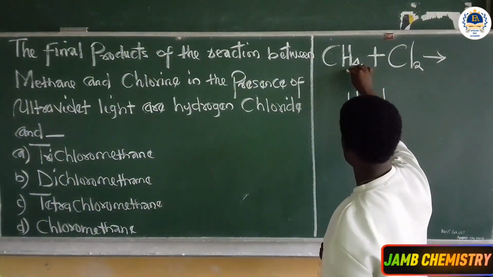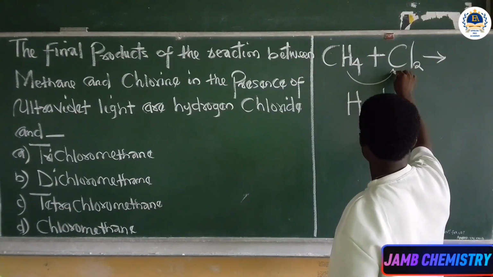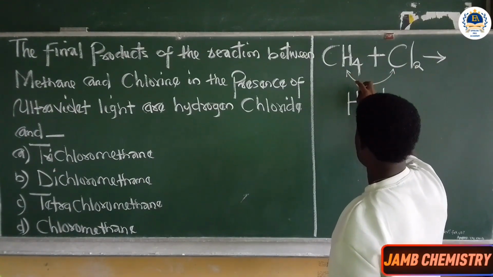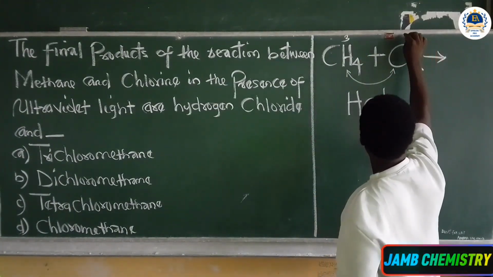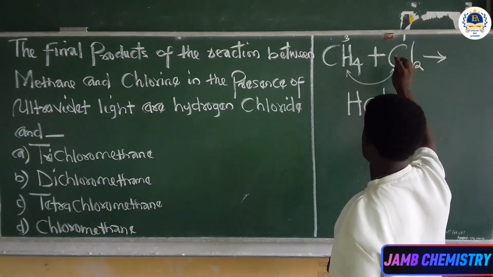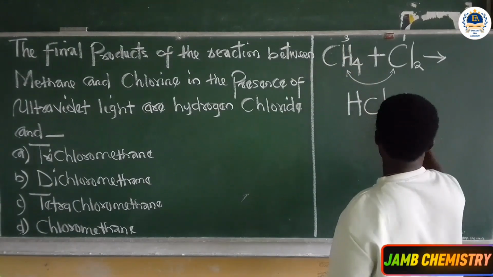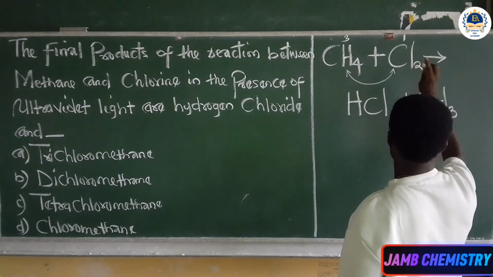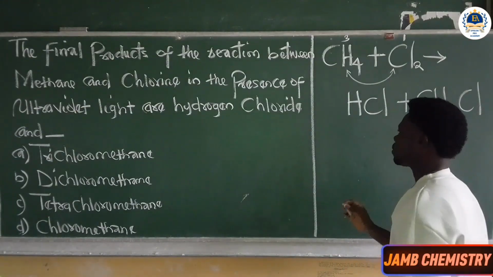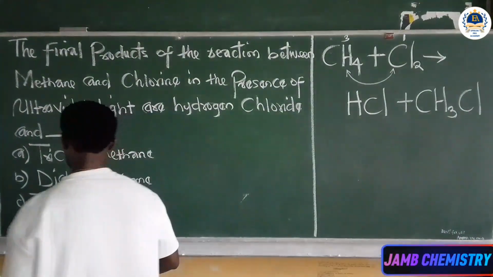One hydrogen from CH4 is reacting with one chlorine molecule. So at this point, we are left with 3 hydrogens and one atom of chlorine. So the product is CH3Cl. So the reaction on the board gives chloromethane. And the right option on the board is option D.